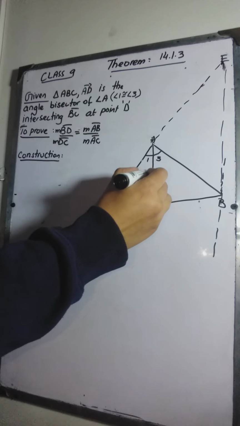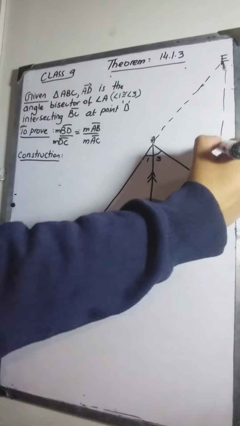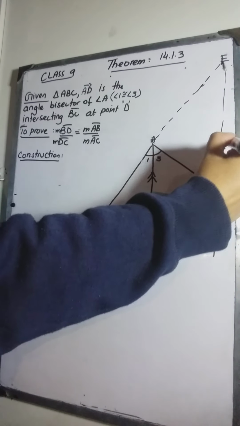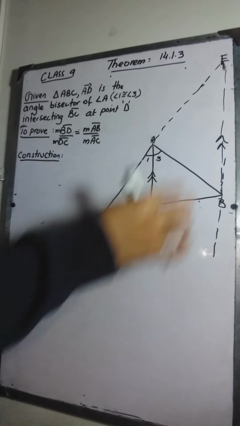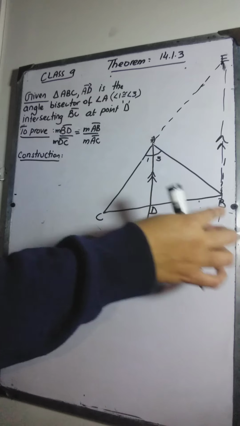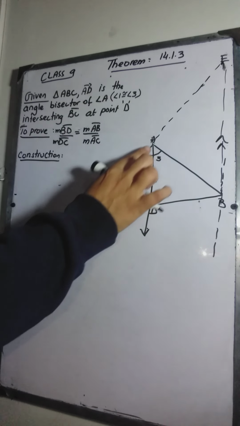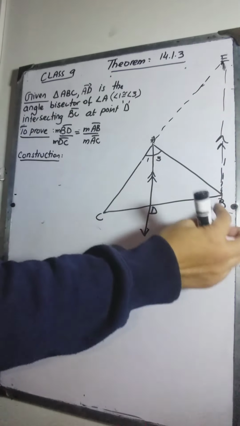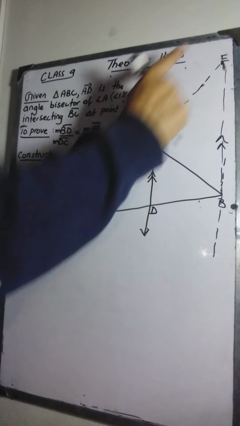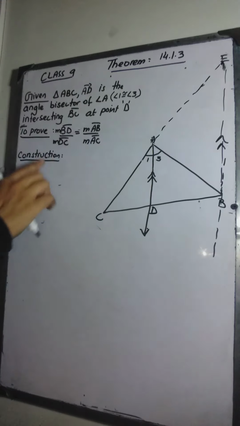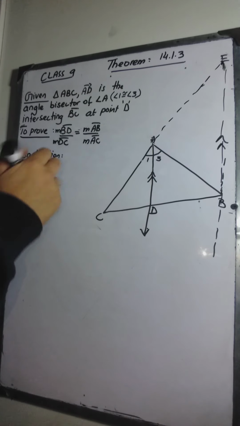So you are drawing a line BE parallel to AD. These two are parallel lines. Then you are extending AC to a point where the parallel line which you have drawn meets this side. So this is what we are going to do in the construction.